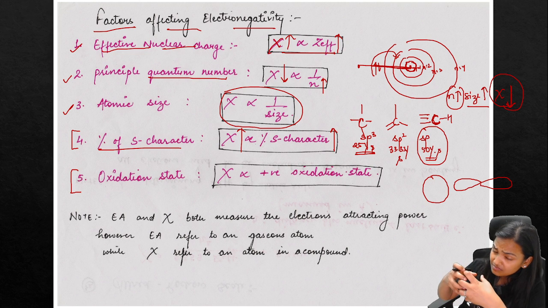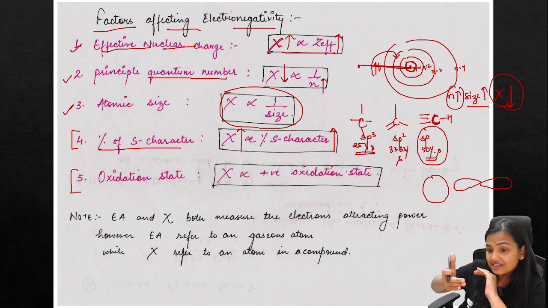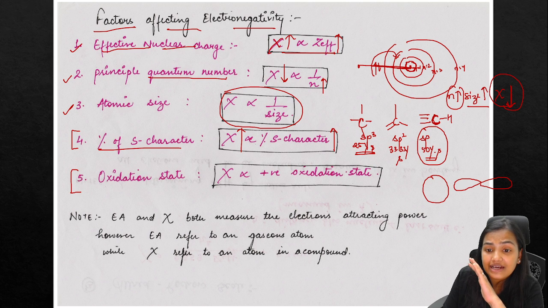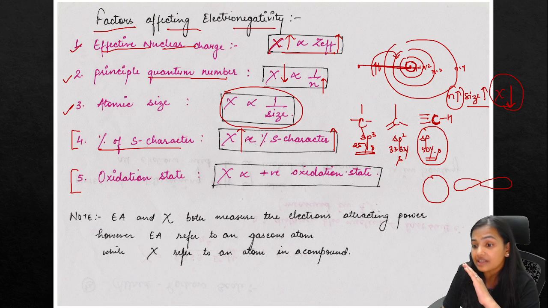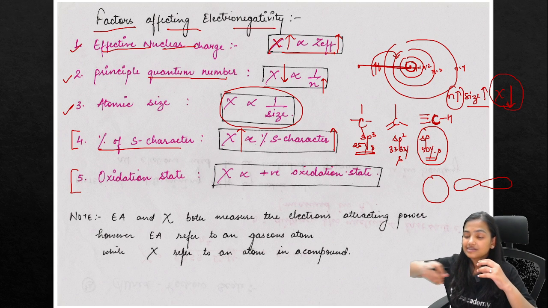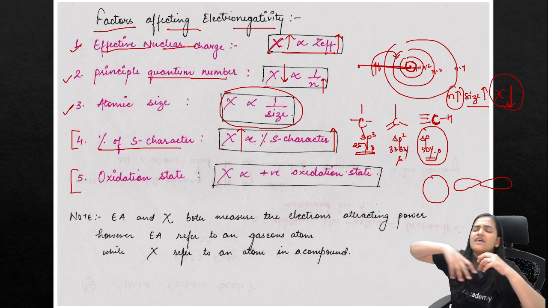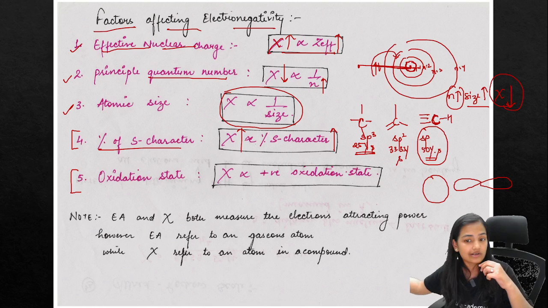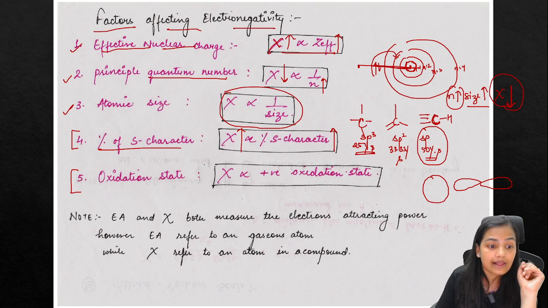Relativistic contraction would also be there. So whenever the s character increases, the electronegativity increases, but the p orbital goes away from the nucleus, d goes more away from the nucleus, f is much more diffused. Okay, so this is the point.